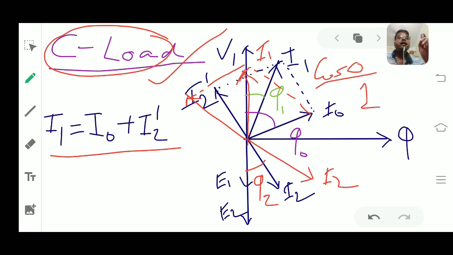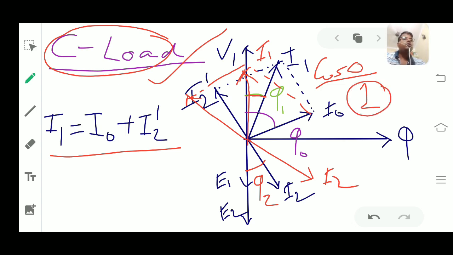Earlier, the power factor angle was more, so its power factor was less. As we introduce capacitive load, this angle is getting decreased. As the angle decreases, the value of power factor will increase, and the maximum value is 1.